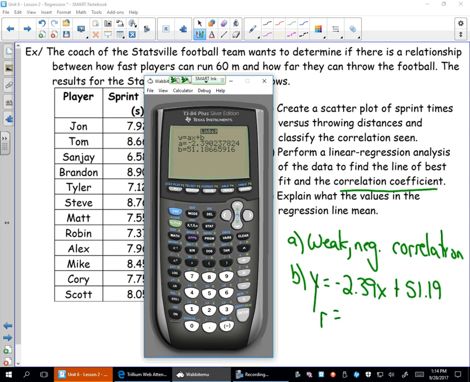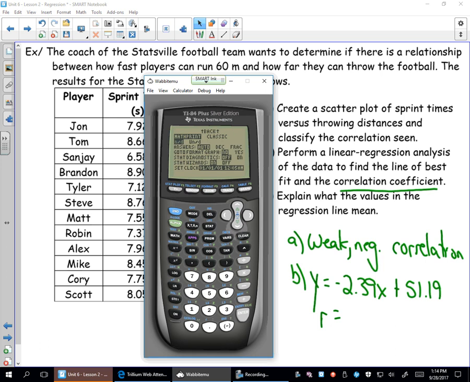The reason my R value didn't come up is because I didn't turn on my stat diagnostics. So if you ever get to a point where you wonder why you're not getting R, it's because you forgot to go to mode and go down to stat diagnostics and turn it on. Every time the calculator is cleared, it automatically turns it off. So you've got to remember to do that.